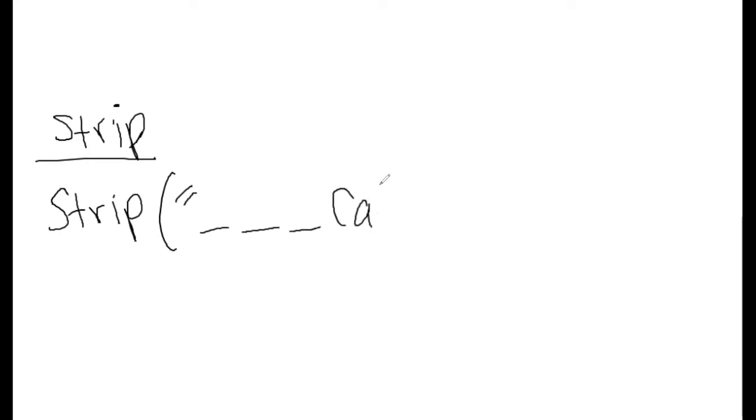I'm just going to do underscores to represent spaces here because it would be very hard to tell otherwise. So let's pretend we have the string cat that has 3 spaces on either side, and let's talk about it from the left side first.